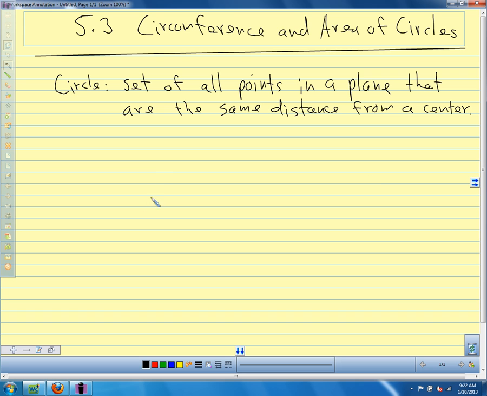For a circle, what do we call that distance? If we're talking about the center, from the center to the circle, what do we call it? The radius. So we call this distance the radius of the circle.